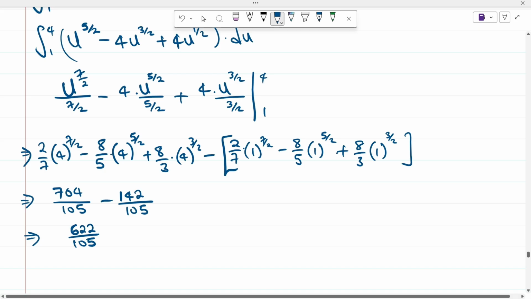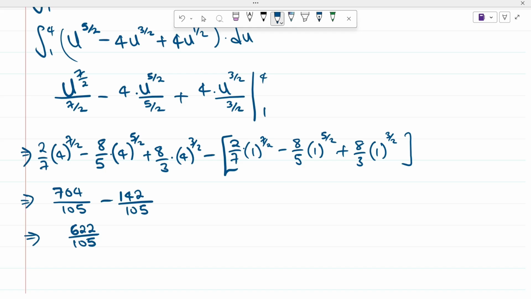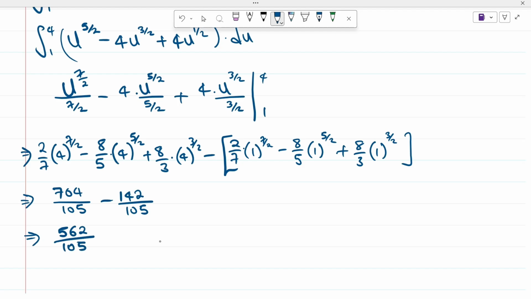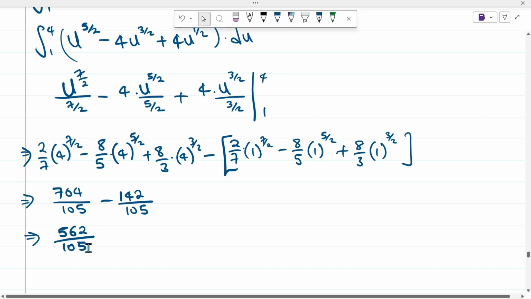So 704 over 105 minus 142 divided by 105. So yeah, you can get 562 over 105. The correct answer for here is this one.